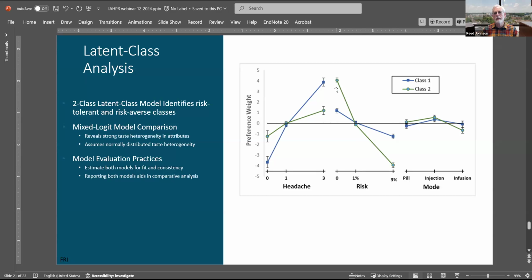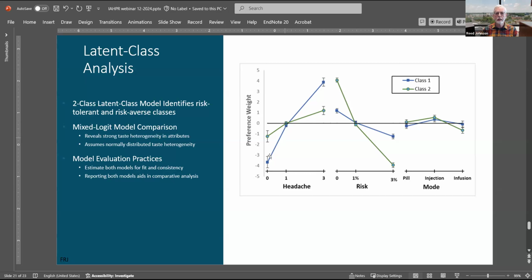And you see that class 2 suffers a very large decrease in utility as the risk increases, whereas class 1 doesn't suffer much of a decrease as a result of the risk.